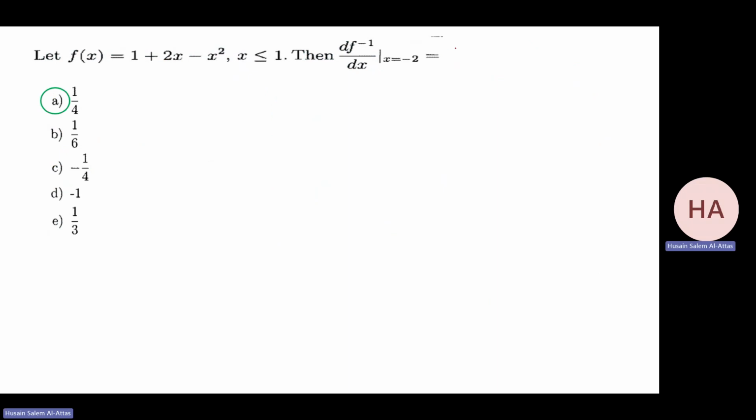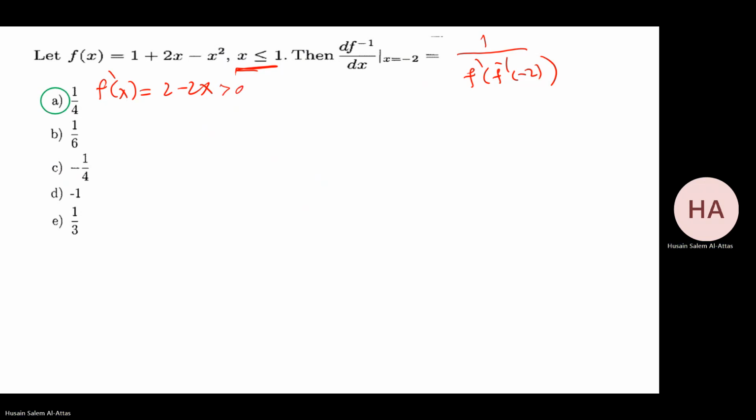This one equals what? 1 over f prime at f inverse of minus 2. The function with this restriction is 1 to 1. f prime is what? 2 minus 2x, which is positive, increasing, so it will be 1 to 1.